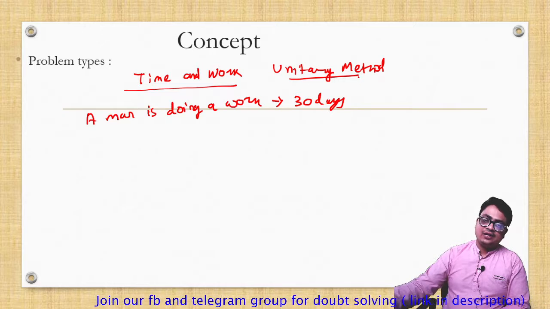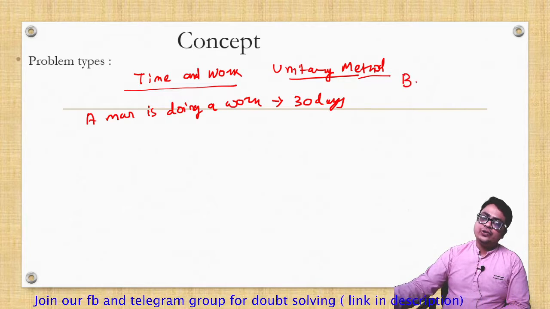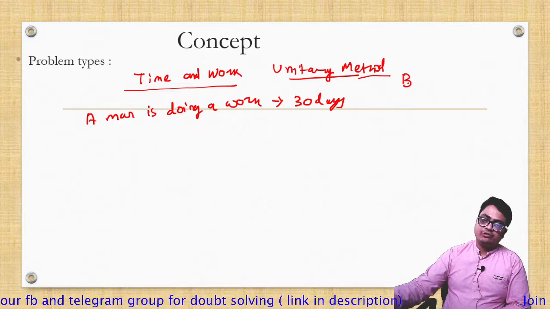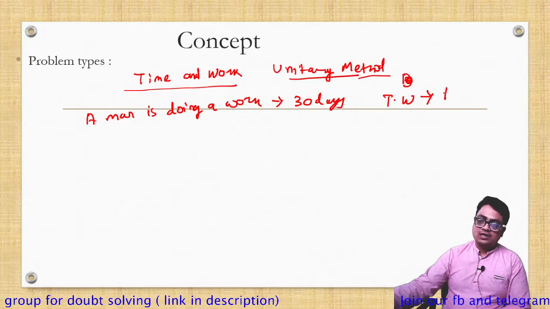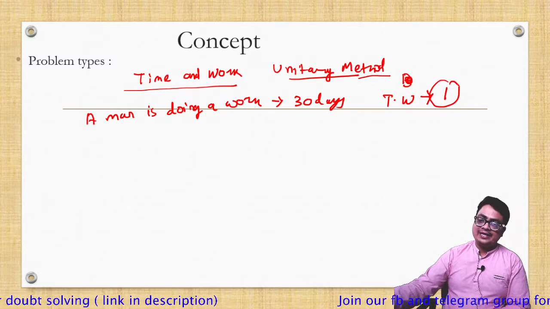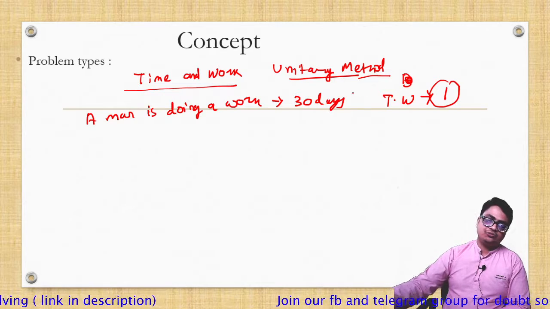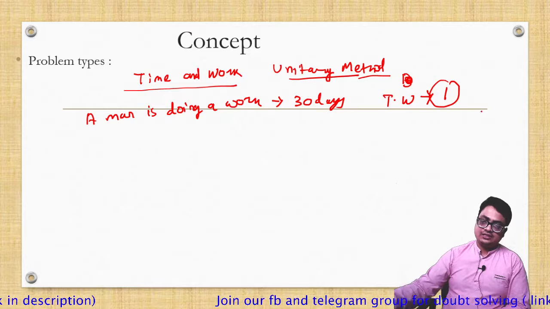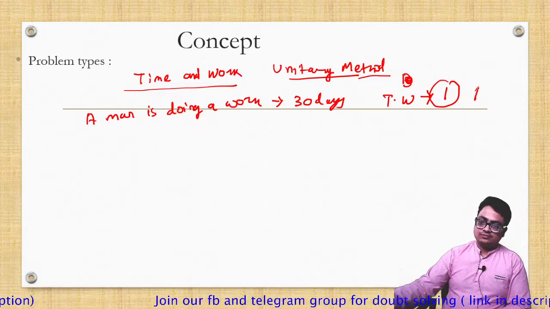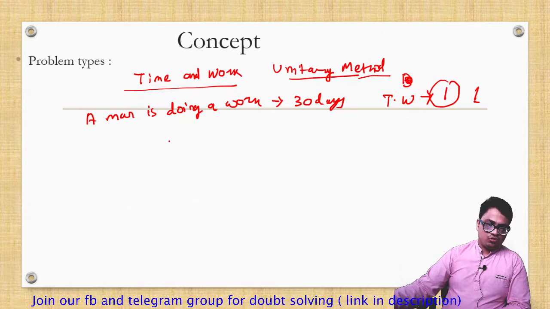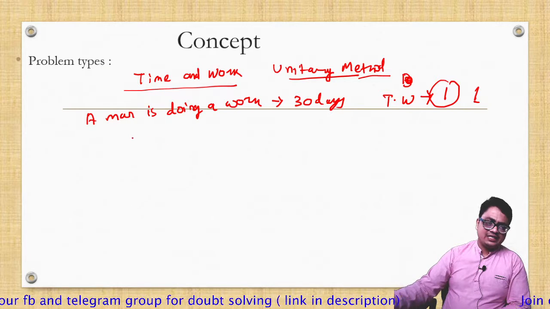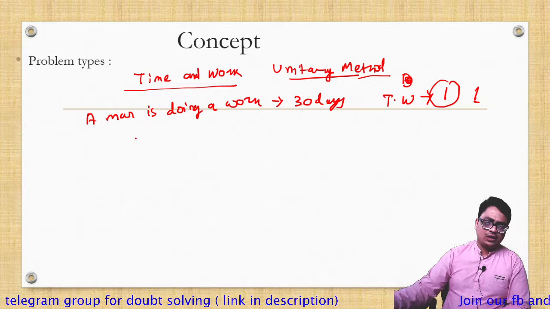In this unitary method, by default we always assume the total work is 1, or 1 unit. So in 30 days the man is doing 1 unit of work, or 1 work.